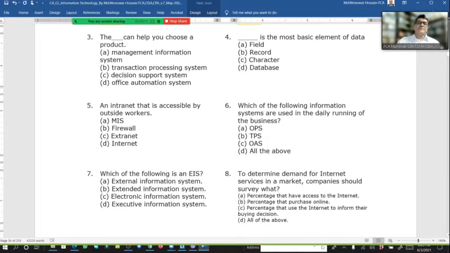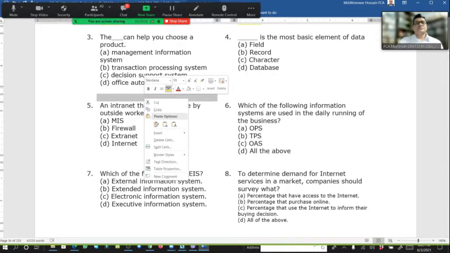And come here, the dash can help you choose a product. What would be the answer? A, B, C, D. Management information system, transaction processing system, decision support system, office automation system. Can help you choose a product. Maybe decision support system.